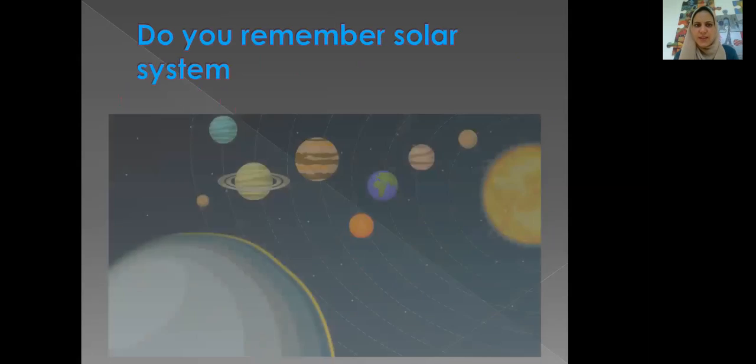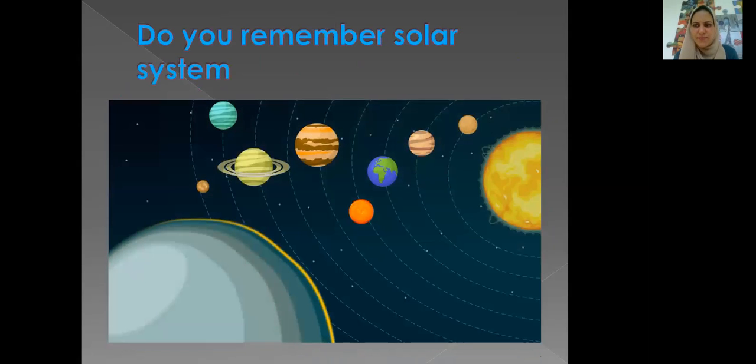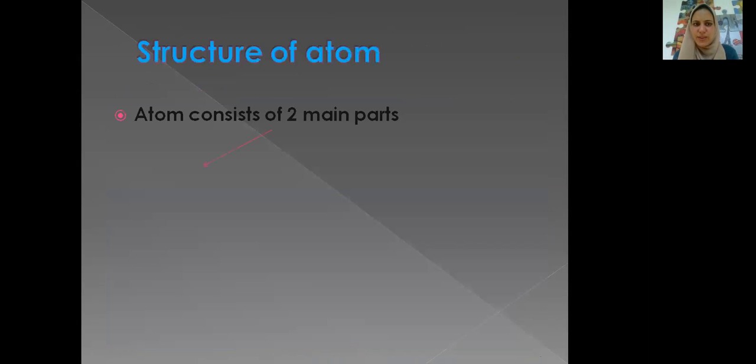It's okay. The solar system, do you know the solar system consists of what? Yes, the sun and 8 planets. So we have 8 planets revolving around the sun. The atom is like the solar system. It also has a nucleus, and electrons rotate around it. So the atom consists of two main parts, the nucleus and the electrons.